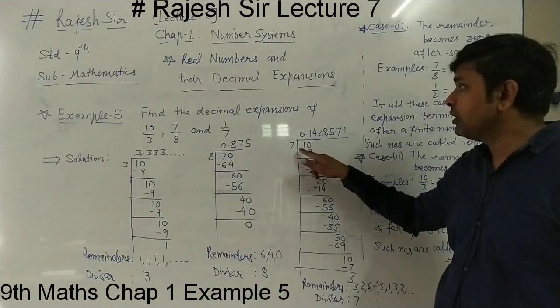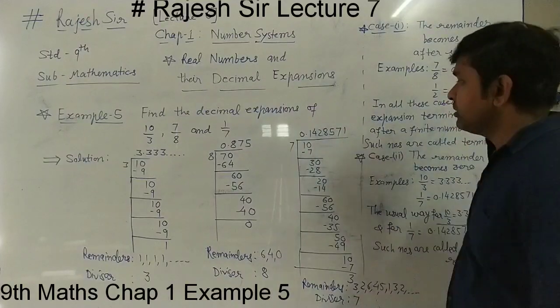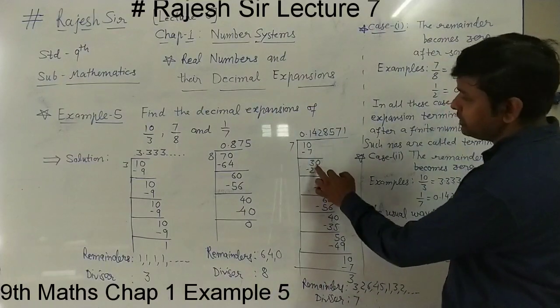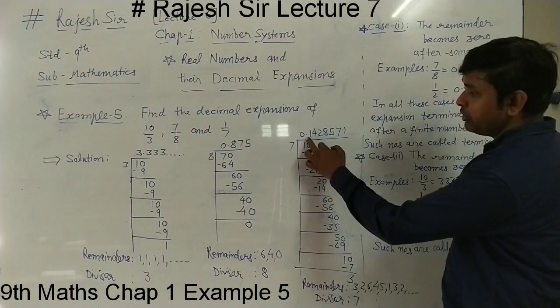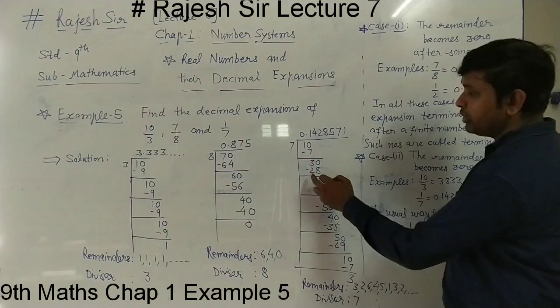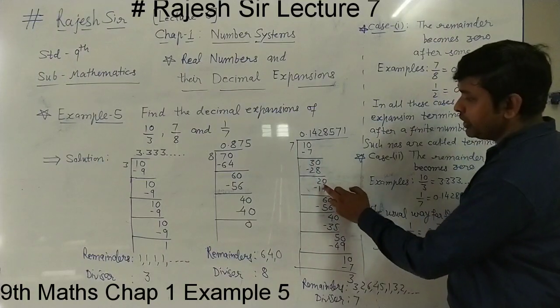you can take 0. In a similar way you divide it: 7 ones are 7, 10 minus 7 is 3. 3 will not be divided by 7, so because of the point we can take 0. 7 4s are 28, 30 minus 28 is 2 remaining.